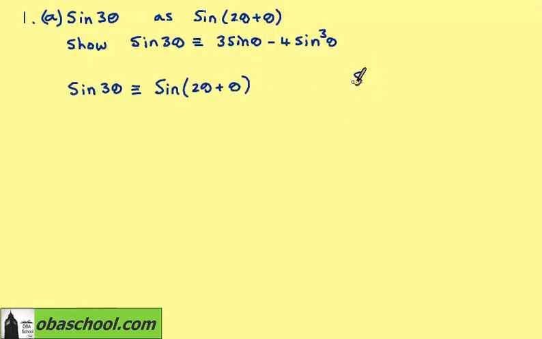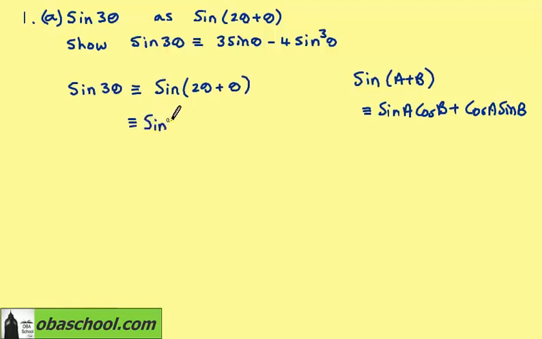We should be familiar with the identity sine A plus B is identical to sine A times cos B plus cos A times sine B. If we use this here, we can write this as sine 2 theta times cos theta plus cos 2 theta times sine theta.